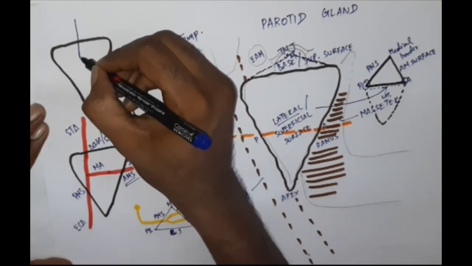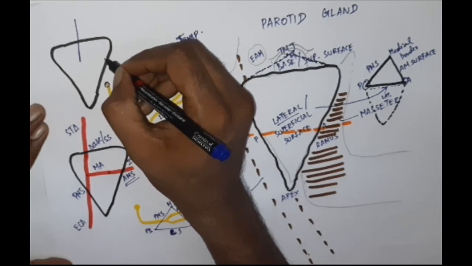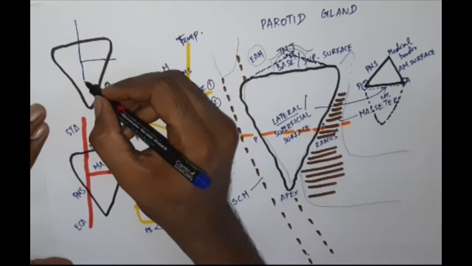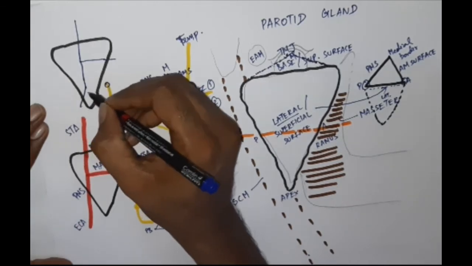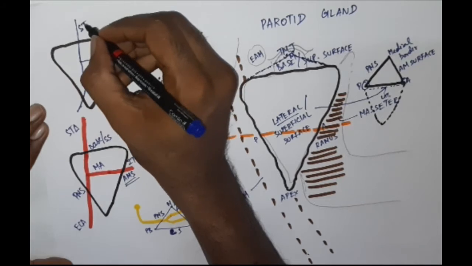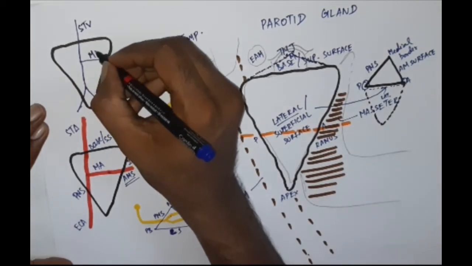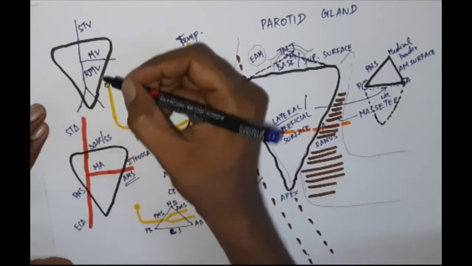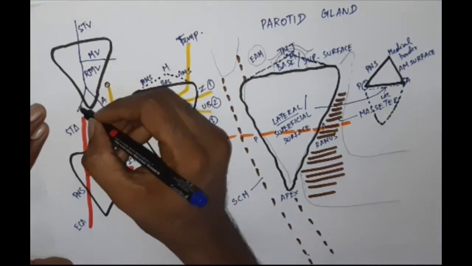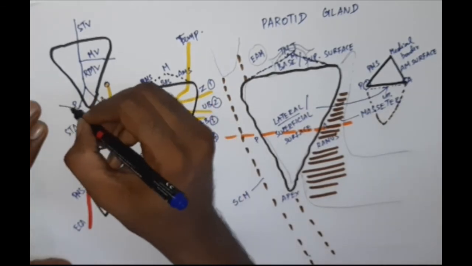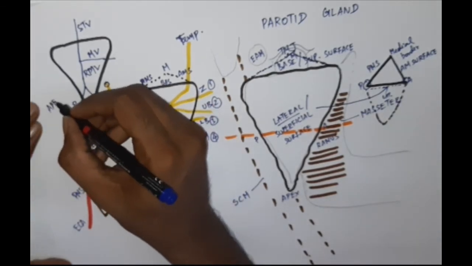So the superficial temporal vein and the maxillary vein join to form the retromandibular vein, which again divides into anterior and posterior divisions, which come out through the apex.